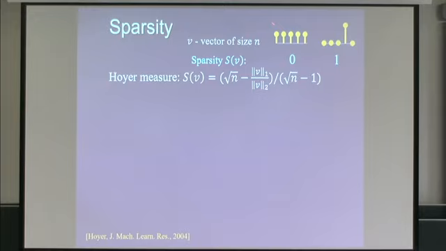And if it's a delta, a single place and everywhere else it's 0, it's 1. You can do the computation and see that it works. Then we can go over the decomposition and examine. So we have a fuzzy, soft sparsity measure.